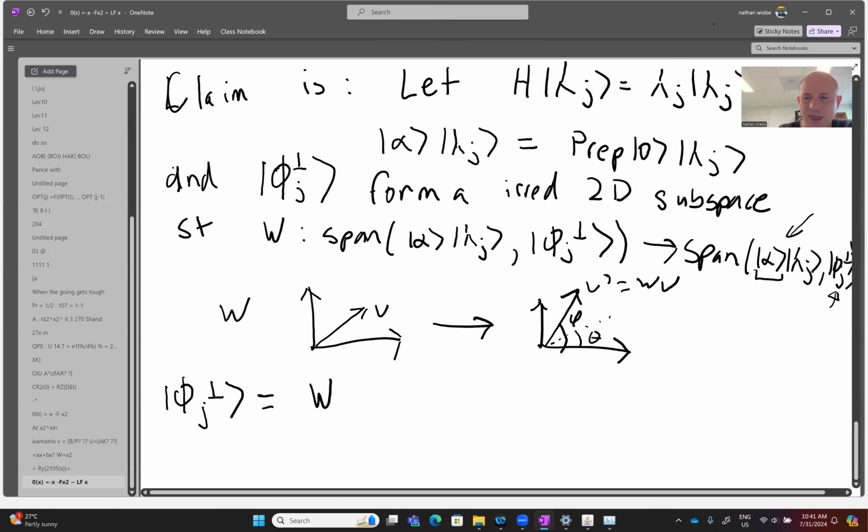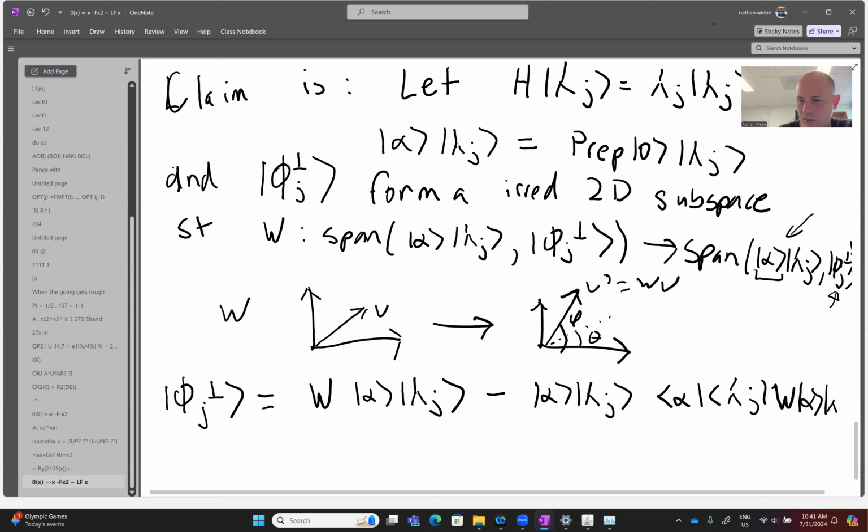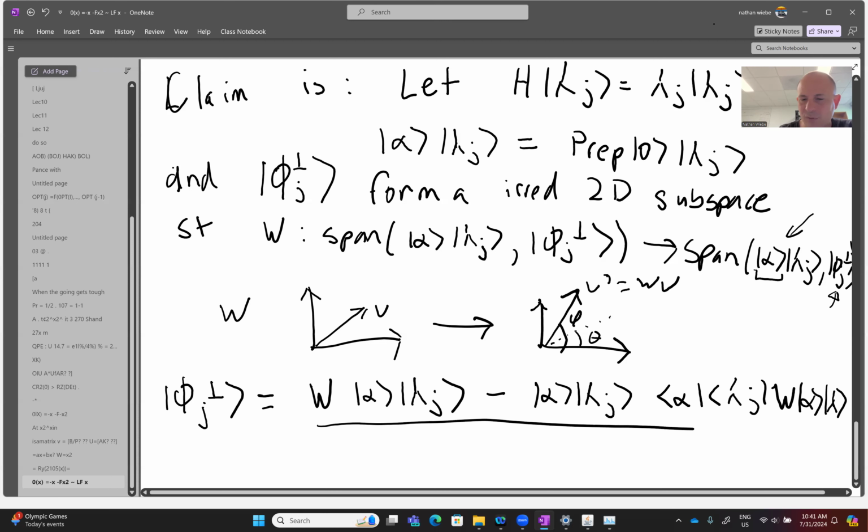W acting on alpha lambda j, minus the projection of this, divided through by some normalization condition.